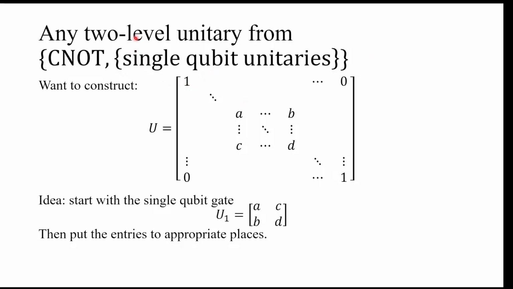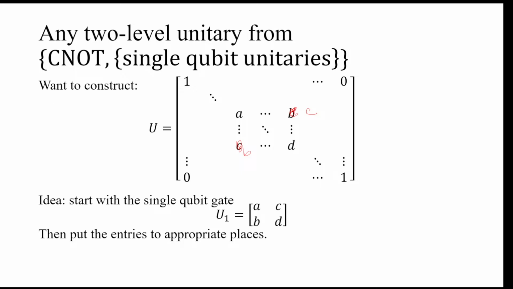Okay. And so a two-level unitary looks like this. It's all ones on the diagonal, except on the ith level and the jth level there is this ABCD unitary. I guess I should swap the B and C here. I forgot to swap. Okay, it's ABCD here.